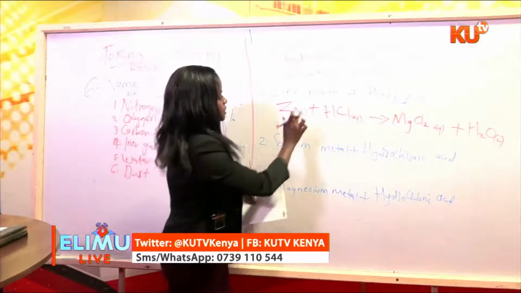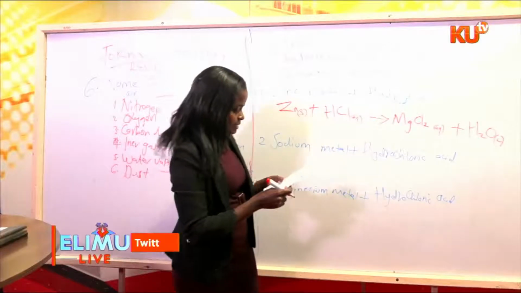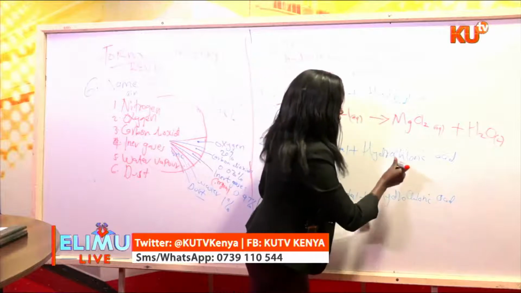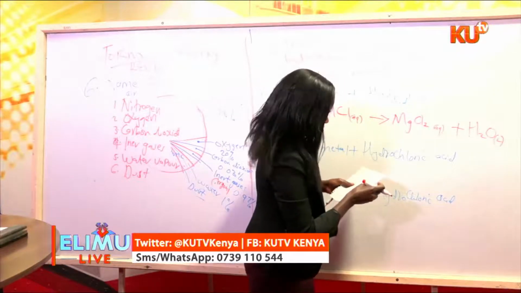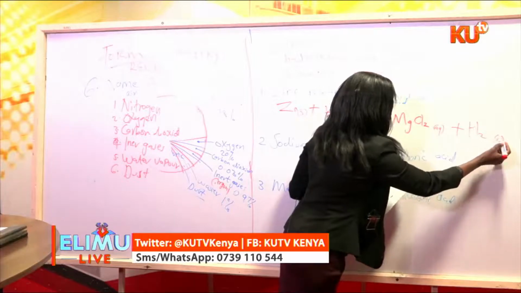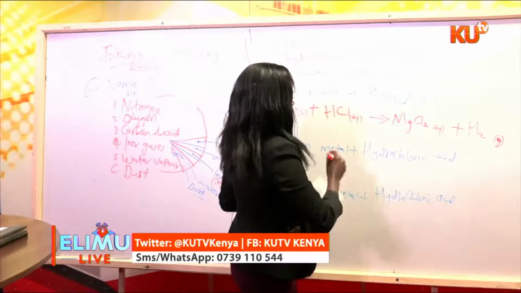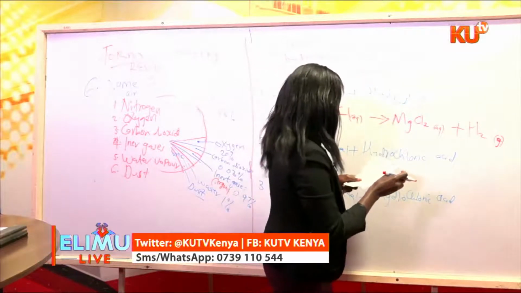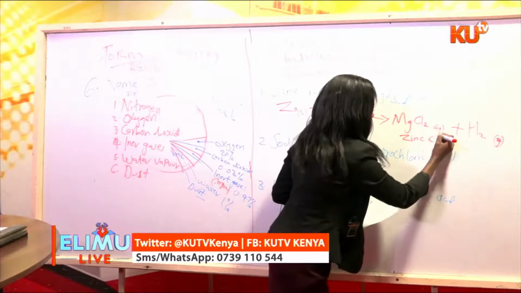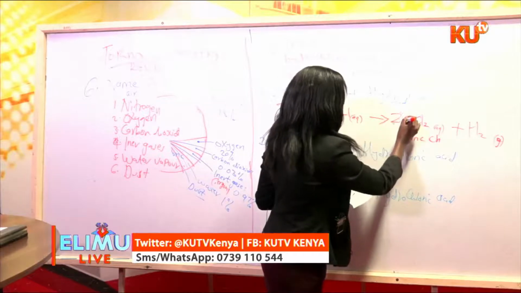Now, what do we name what we get when we mix zinc metal and hydrochloric acid? We are going to get zinc chloride and hydrogen. This is hydrogen gas, but not water. So this is a gas. So this is zinc chloride.